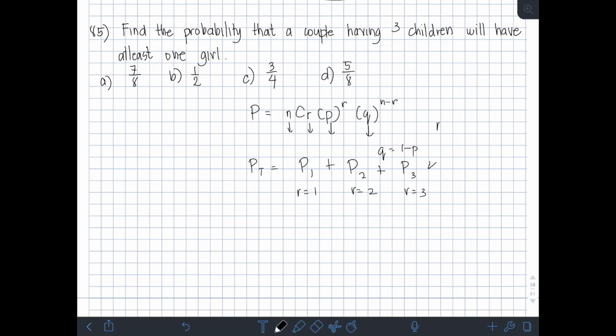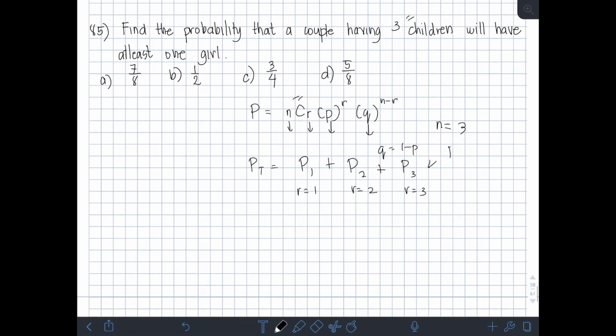And then, yung N natin, lahat is 3, kasi 3 children, right? So, yung probability natin, yung success is, dahil dalawa lang naman yung gender, either boy or girl, ang probability na magiging girl is girl over girl plus boy, right? Or, yung number nila is 1 over 2. Kasi 1 over 2 genders na boy at girl. So, 1 half. And then yung Q is 1 minus 1 half or 1 half din. So, yung Q yung parang probability naman na boy. Okay?